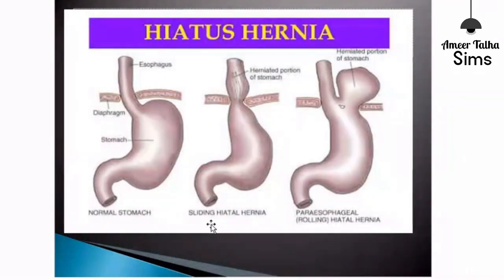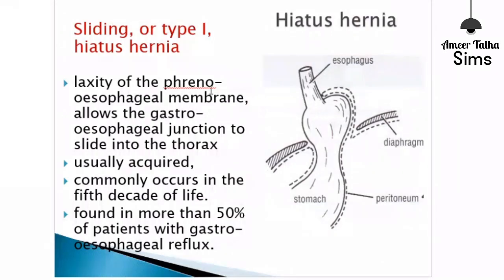So we have sliding hiatal hernia and we have paraesophageal or rolling hiatal hernia. Sliding hernia and rolling hernia are the most important ones. In sliding hernia, laxity of the phrenicoesophageal membrane allows the gastroesophageal junction to slide into the thorax. This is the sliding hiatus hernia.